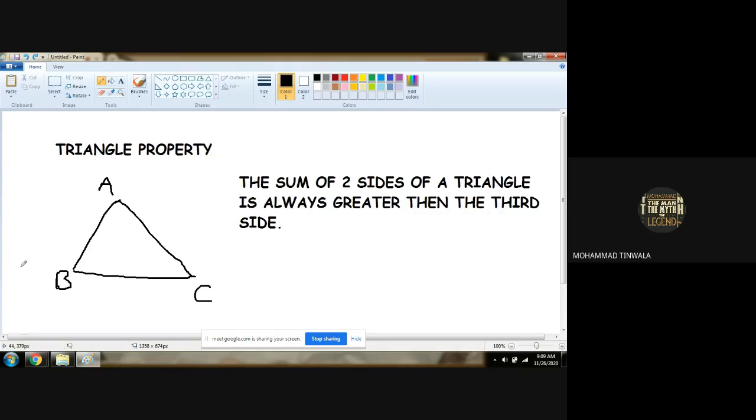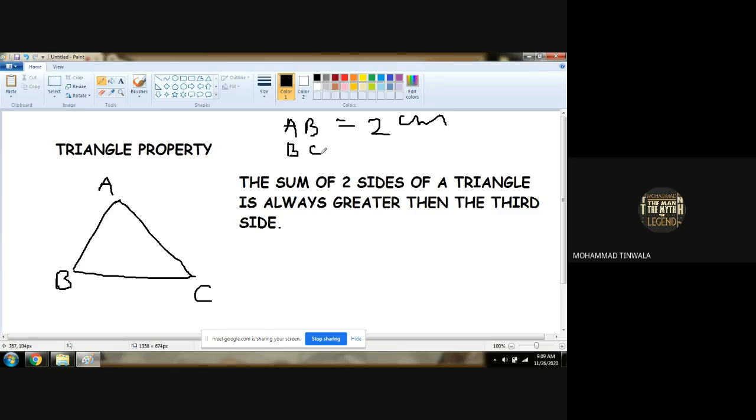For example, let me show you: AB is 2 centimeter, okay? BC is 3 centimeter, and AC is 5 centimeter. It is given like this. So according to me this triangle is not possible. It is given in writing in the question. Are you getting it? I will explain to you. AB is equal to, for example, 2 centimeter.